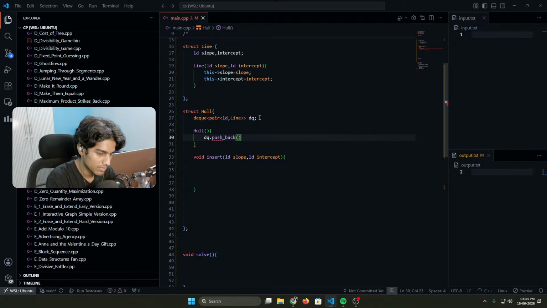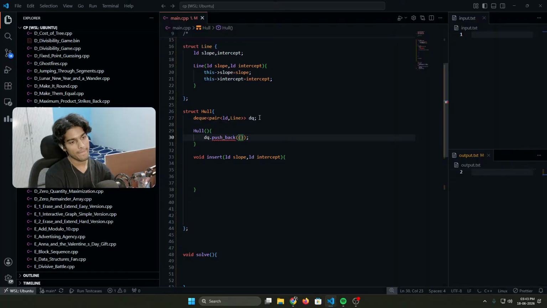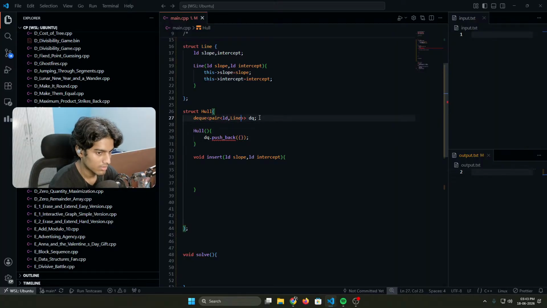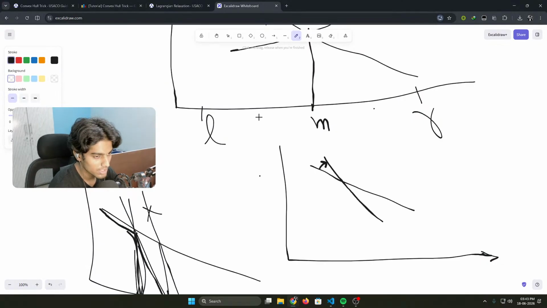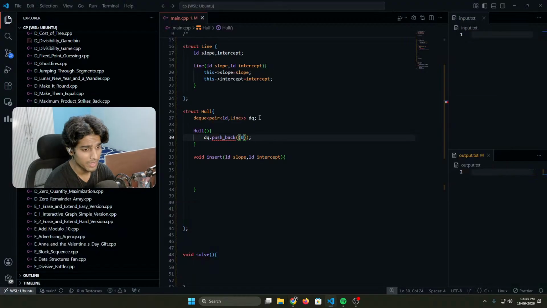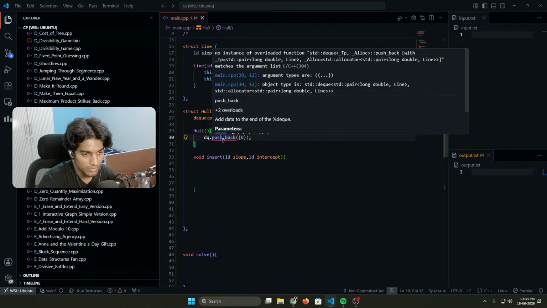And I'm going to push. So this LD is basically going to be, so I'm also considering everything is starting from 0. So X is starting from 0 maybe. So I can push 0. What's the issue with pushback?